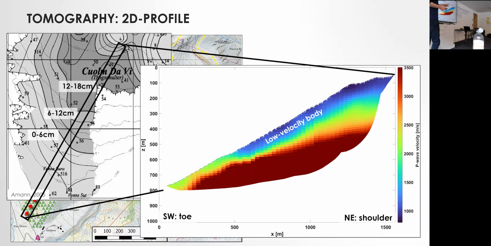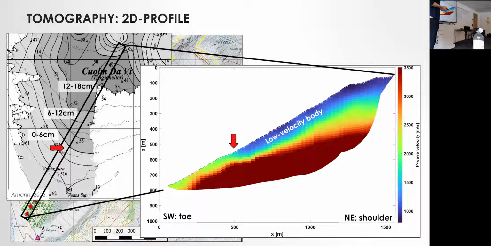If you now look at the lateral extent of this low velocity body and we put that position in a map, it plots approximately at this position, which is indeed the area where we expect to move from stable ground in the southwest towards unstable subsurface in the northeast.